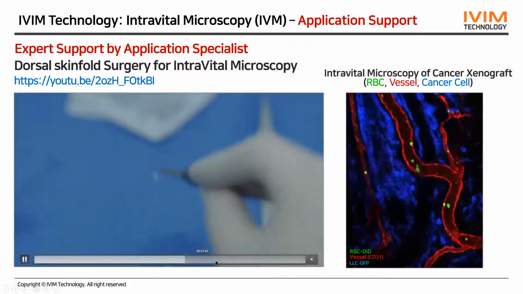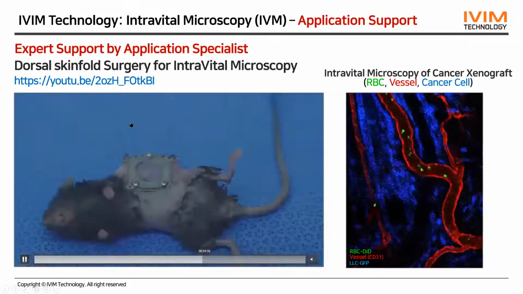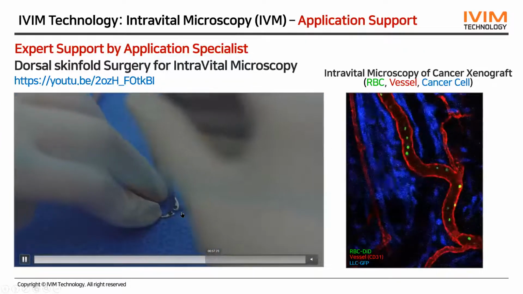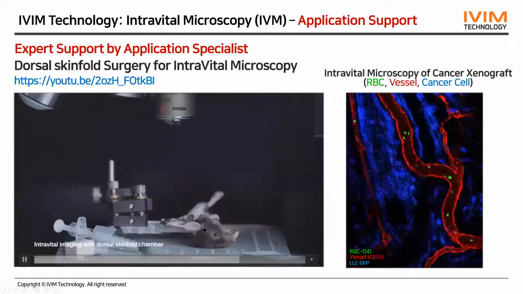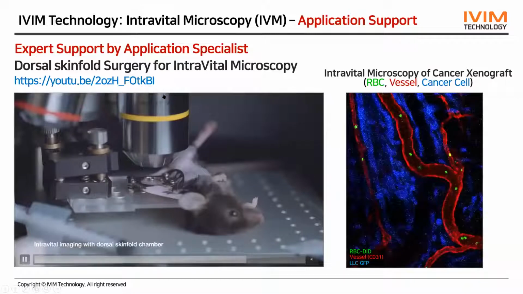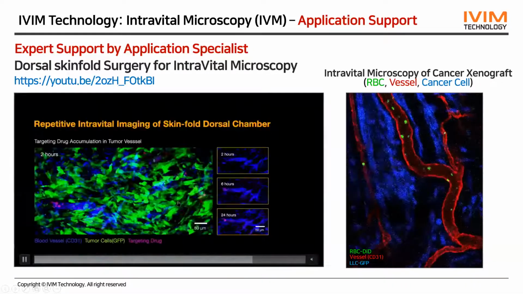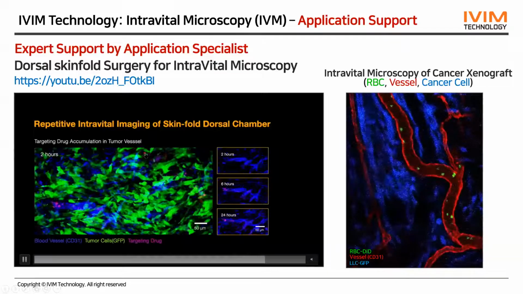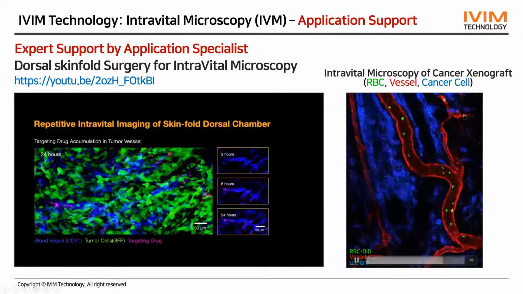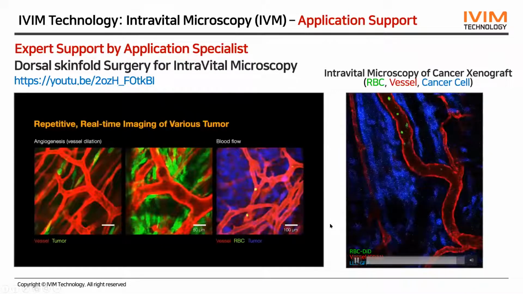And then prepare it like this. And then we can use our sliding system. So place the live model under the microscope, and then use our system to monitor the drug delivery in the cancer model. Now also we can take these real-time images as well.